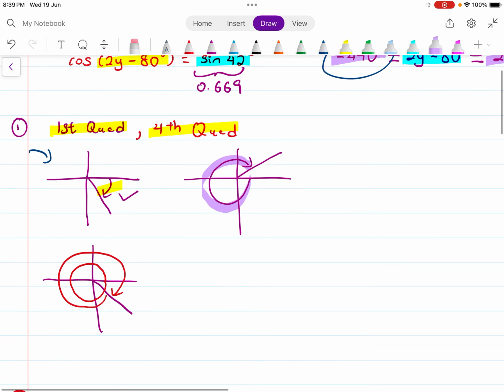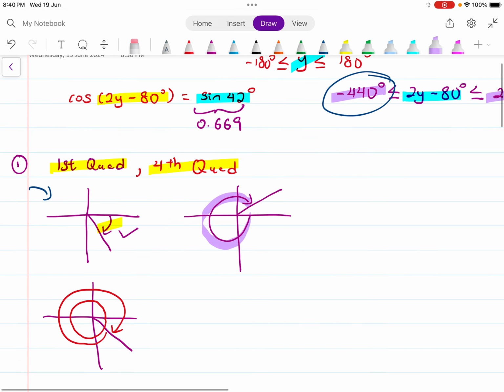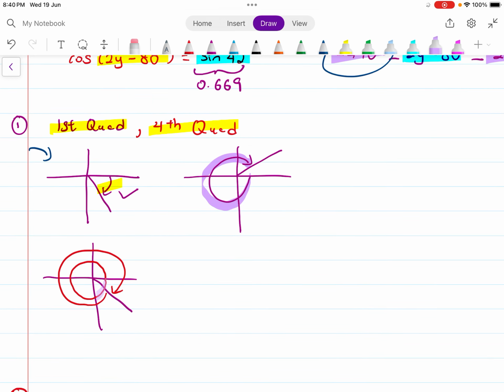And of course, not to forget, I want the negative 440, so I rotate one round first, then after that I rotate a little bit more. So these are the 1, 2, 3, 4, 5 quadrants.